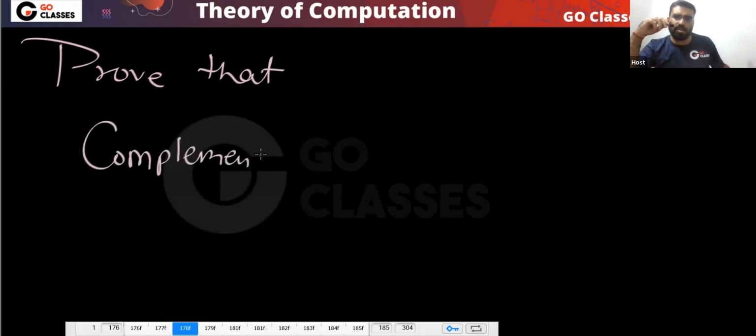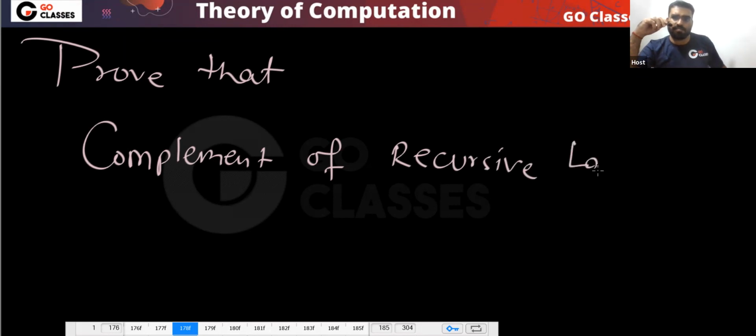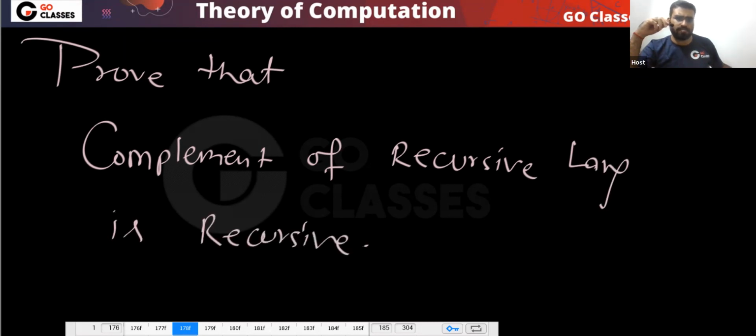So let's prove it. Prove that the complement of a recursive language is recursive.